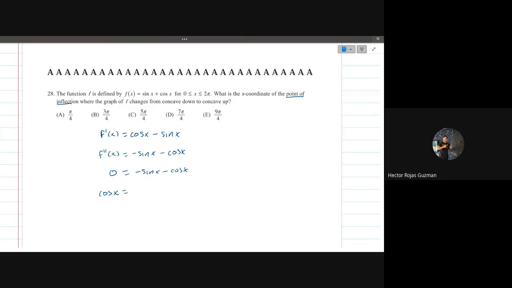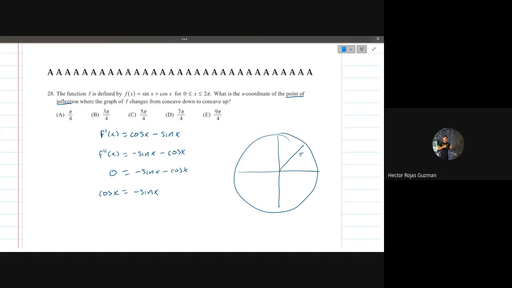Actually, yeah, let's do it. So when does sine equal cosine? But also, no, when does cosine equal negative sine? So, well, sine and cosine only equal each other at the pi over 4 units, right?